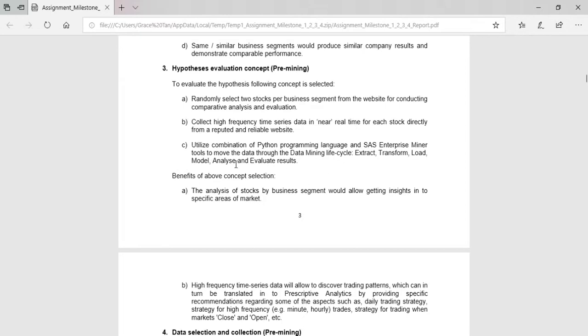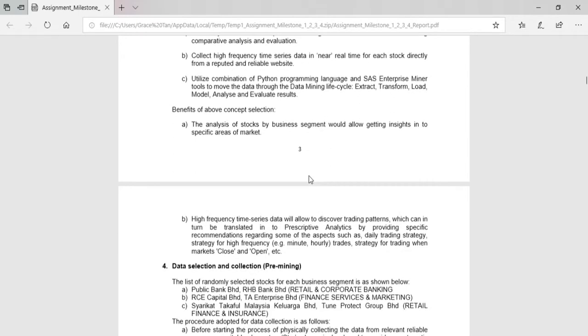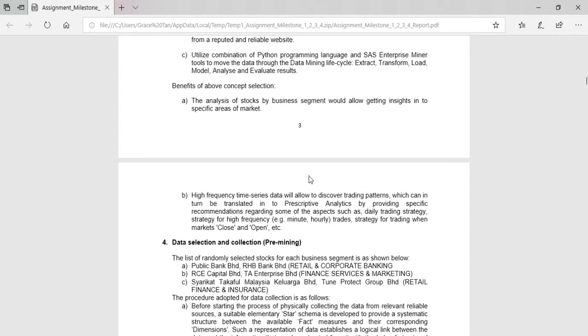Although we won't be going through in the sequential order as it has been shown over here, because data mining and prescriptive or predictive analytics is a highly iterative process. You will see as we go along in the next video lectures that we will be moving back and forth, and it's a highly iterative process to get the desired results, desired shape and representation of the data, and the outcomes from the model.